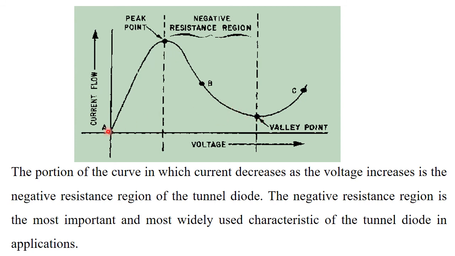So we can use the first part of the tunnel current as a switching on device, and when it is exhibiting a negative resistance, it will go to the off switching condition. So we can do the on and off switching with the help of the application of a forward bias across the tunnel diode.